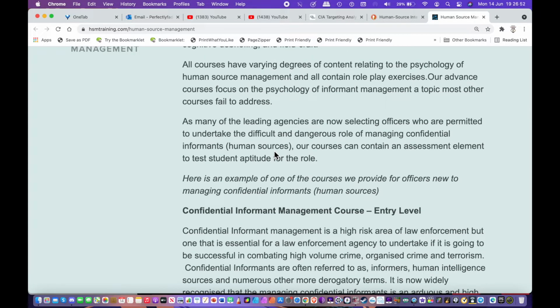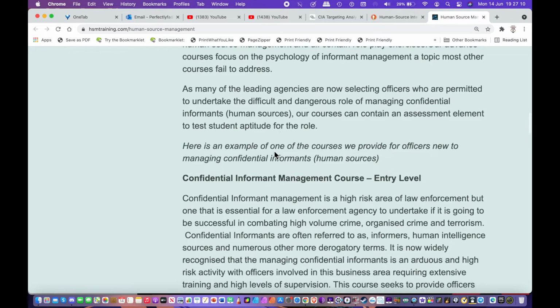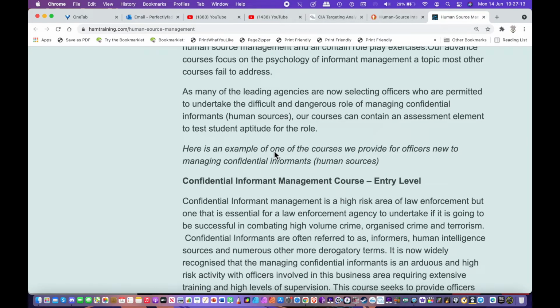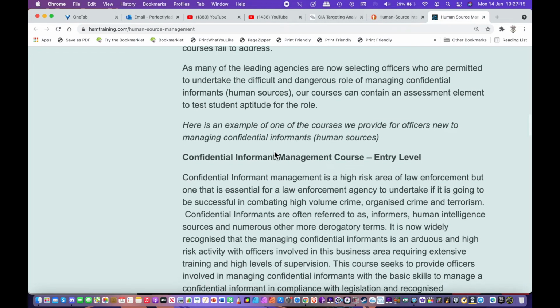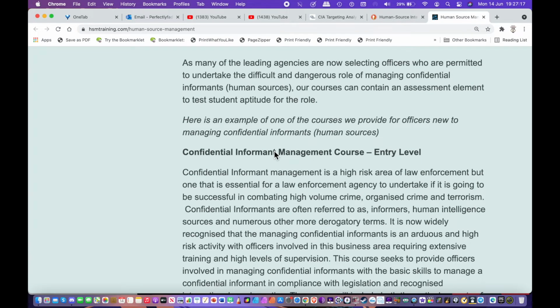As many of the leading agencies are now selecting officers who are permitted to undertake the difficult and dangerous role of managing confidential informants, human sources, our courses can contain an assessment element to test student aptitude for the role. Here is an example of one of the courses we provide for officers new to managing confidential informants, human sources.